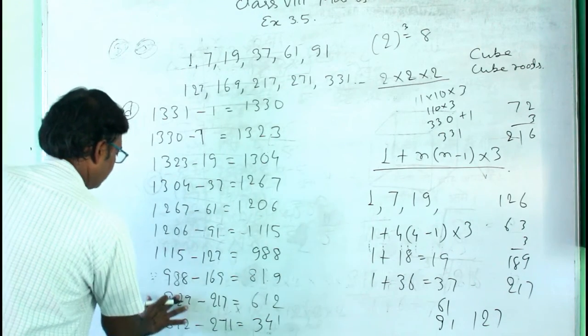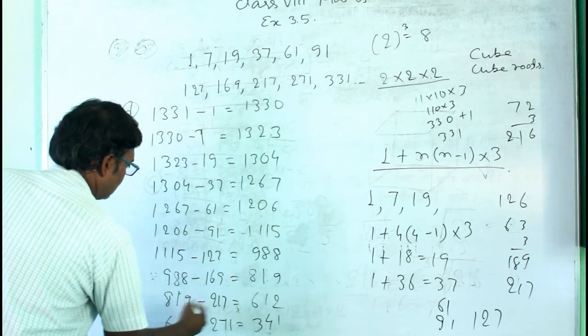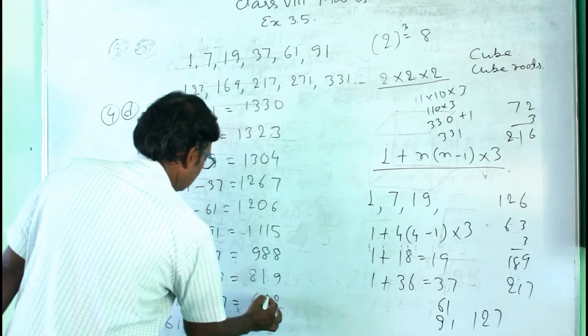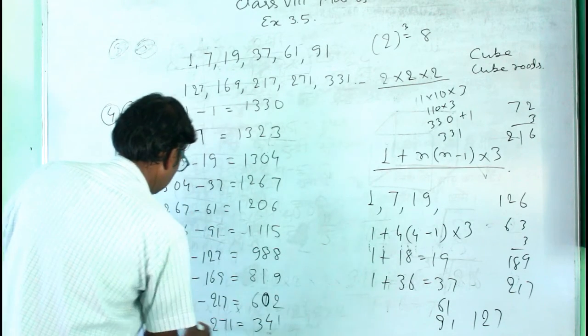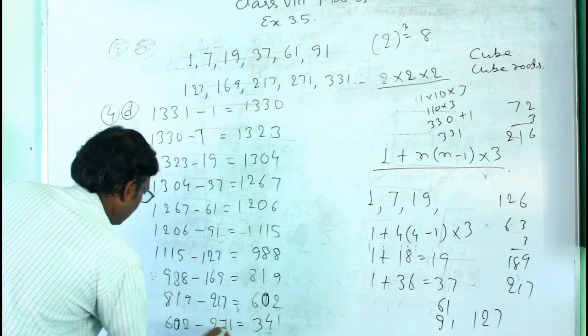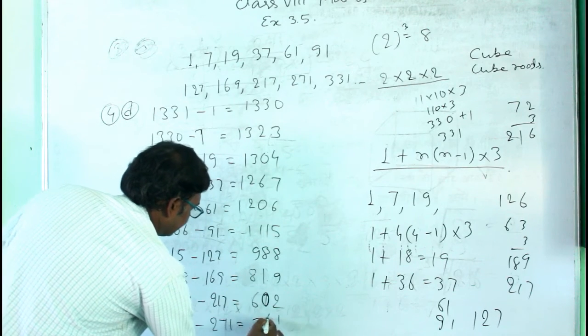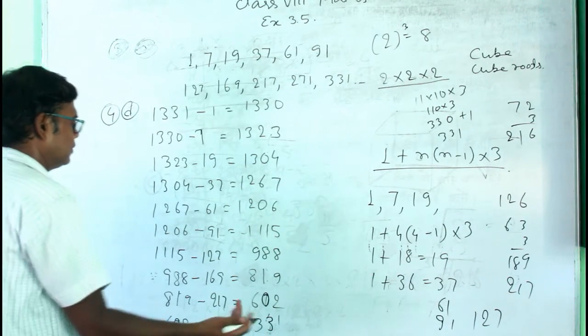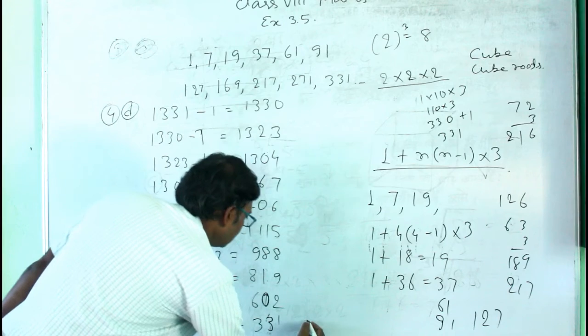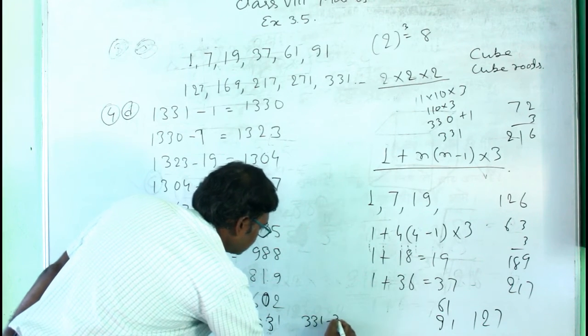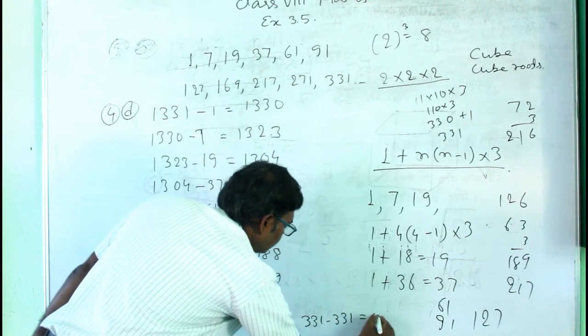Then subtract here, it will be 602, and then 602 minus 271 it will be 331, and then the last step is 331 minus 331 equal to 0.